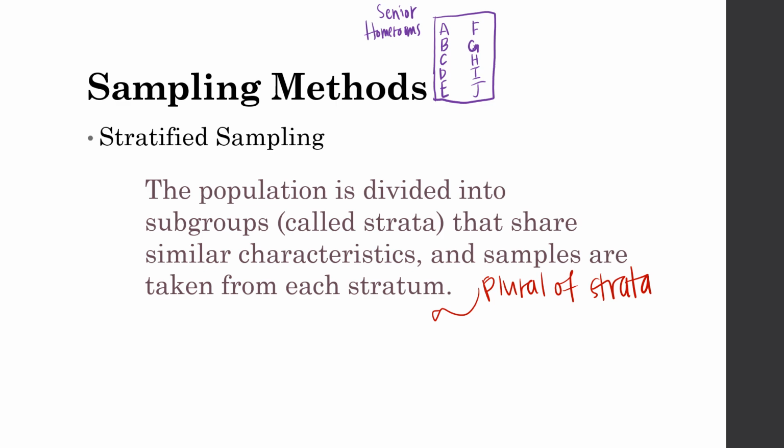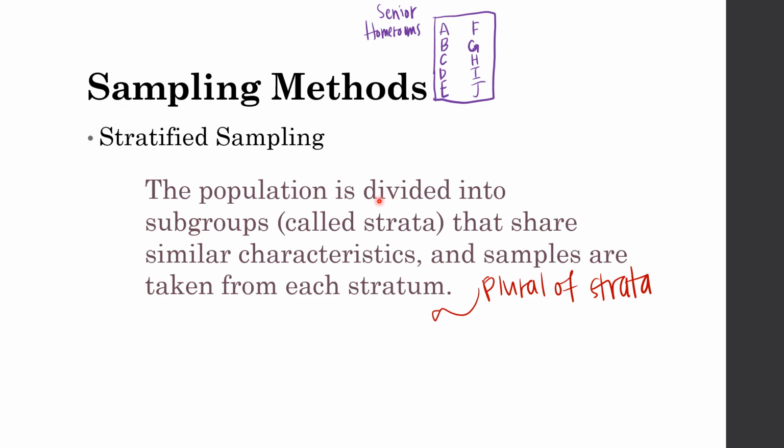We've got our population, which is our seniors at Brunswick High. We've got those divided into subgroups. Each of the homerooms, let me switch over to my laser pointer, I don't think you can see where I'm pointing. Each of these little homerooms is a stratum. All of them together are called strata.